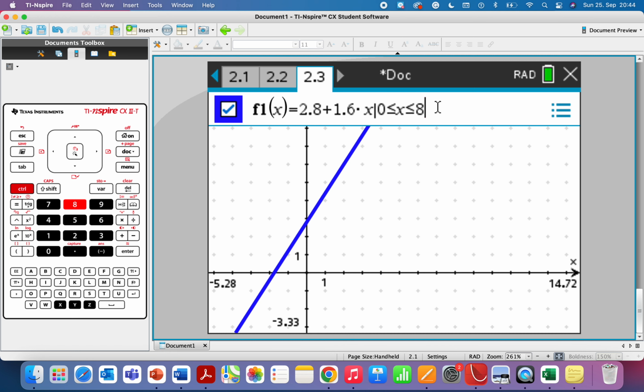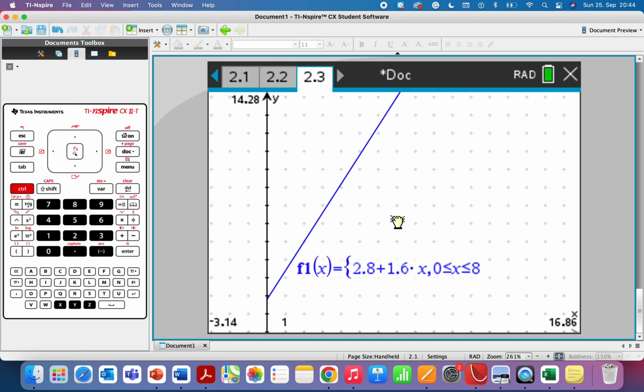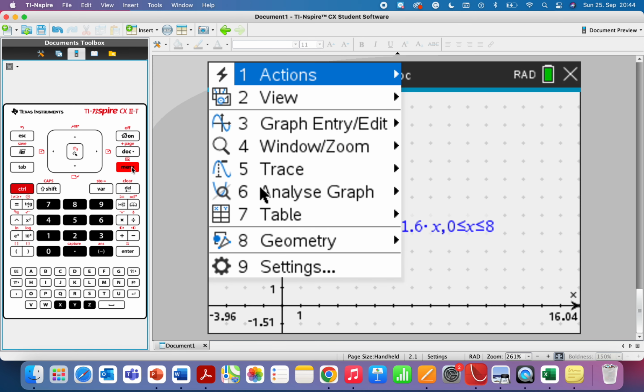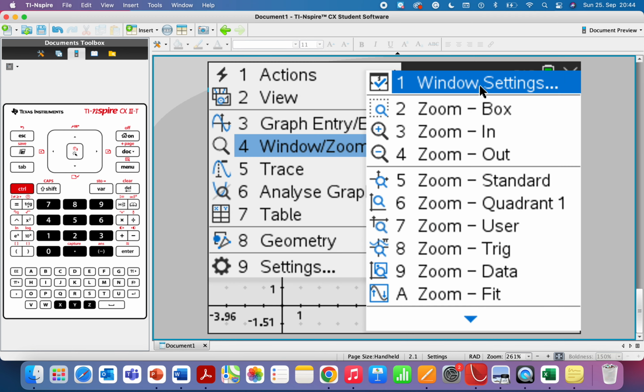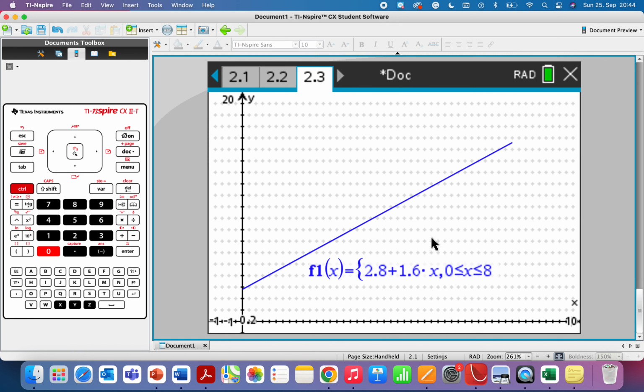So this is how to restrict the domain, the x input. And when we press go, can you see what we've done there? If we just change the scale now, let me maybe go do it manually. Menu, window zoom, window settings. The x I'll go -1 up to 10, and y I'll go -1 up to 20. And there we go, we've got that beautiful graph, okay?